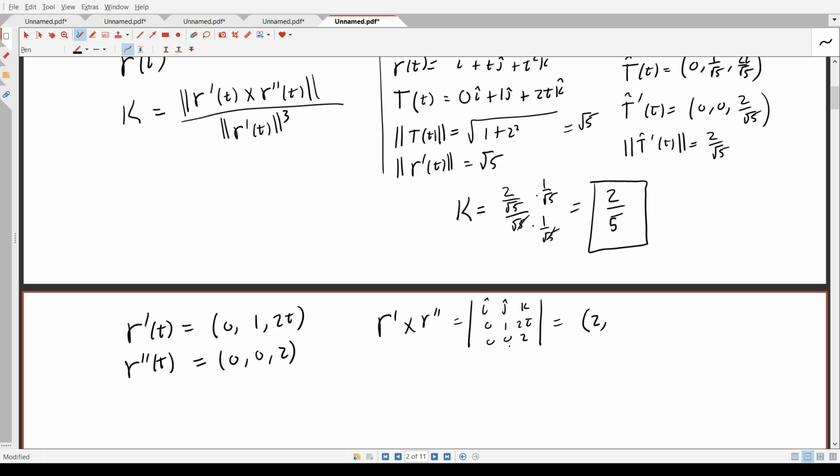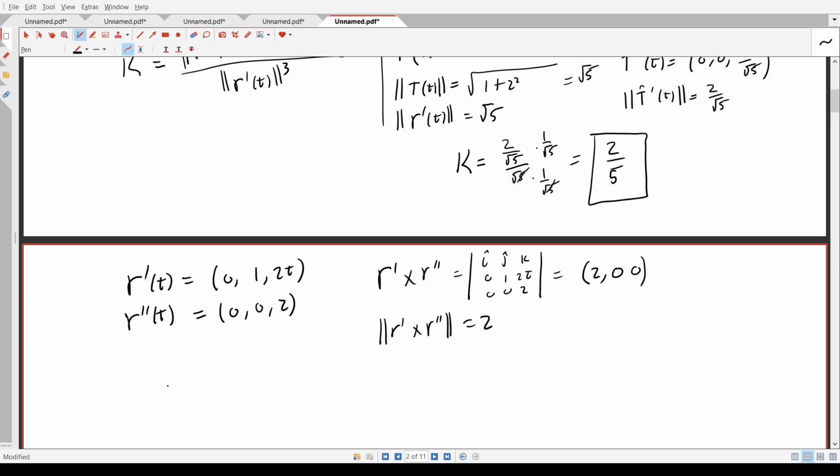And then I cross this one out, I have 0 minus 0, that's 0. Cross this one out, I have 0 minus 0, again, that's 0. Okay, so the norm of r prime cross r double prime is 2. All right, that looks like a good start because I still need the norm of r prime cubed.